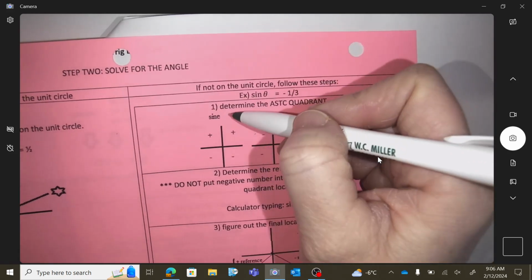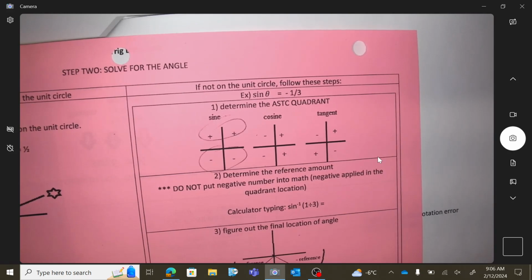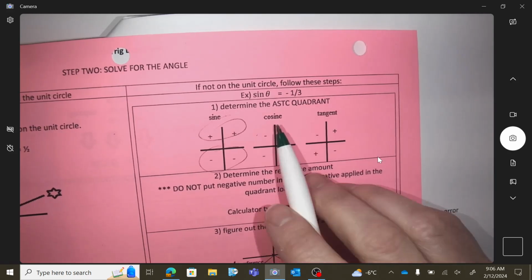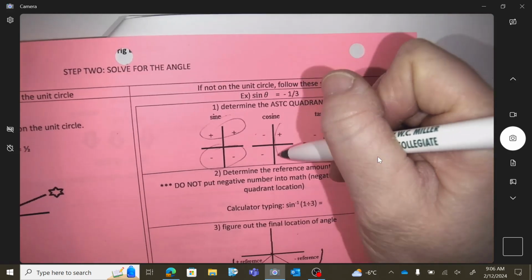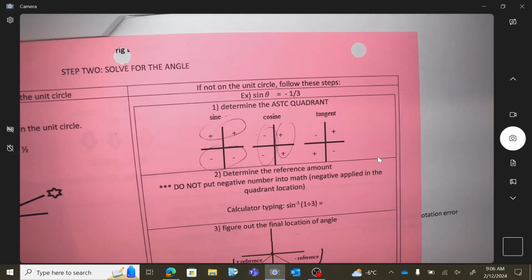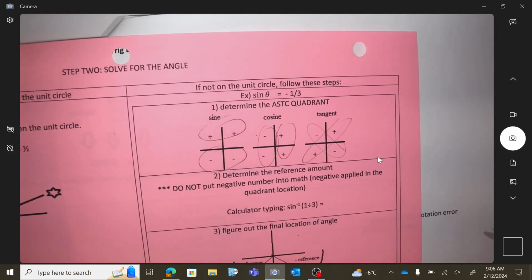Sine is y, right? Remember, sine is the y letter. So where does it split? Up and down, because y is up and down. Cosine is connected to your x, so how does it split? Left and right. And tan is the diagonal split.